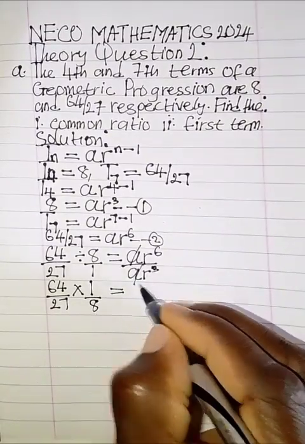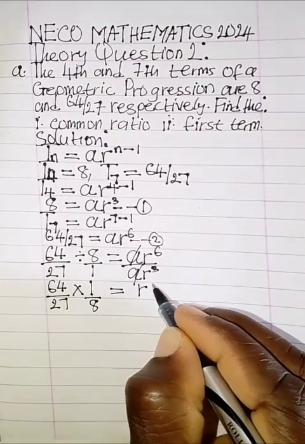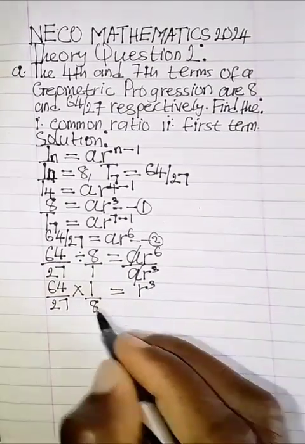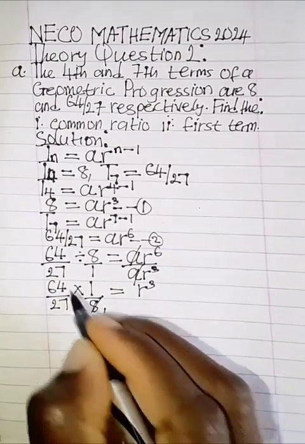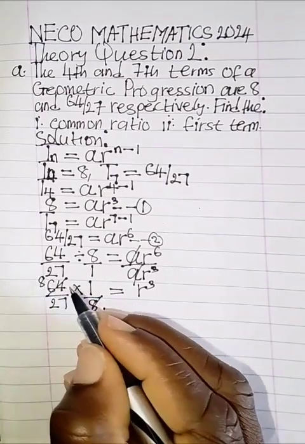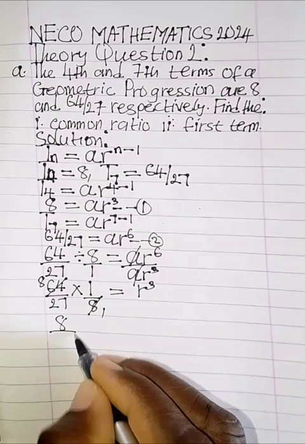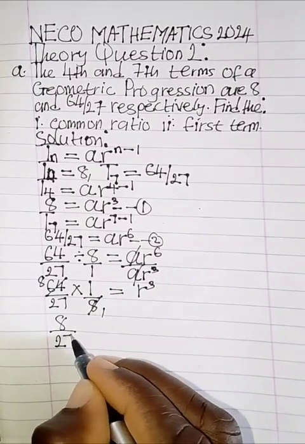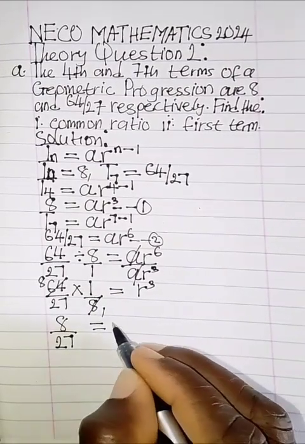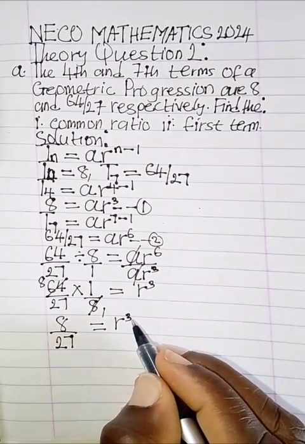We cancel a. If you divide from here, you have r to the power of 3. 8 here, 1. Divide this by 8, you have 8. So we are left with 8 over 27 equal to r to the power of 3, which is cube.